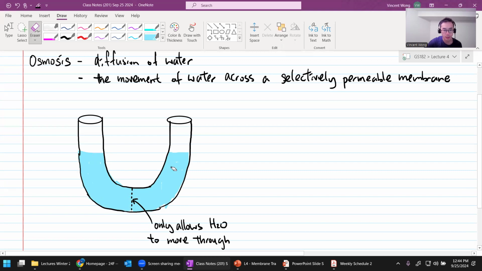Okay, same water level on both sides. You guys good? You know what I'm talking about here? No confusion with the drawings or anything like that?